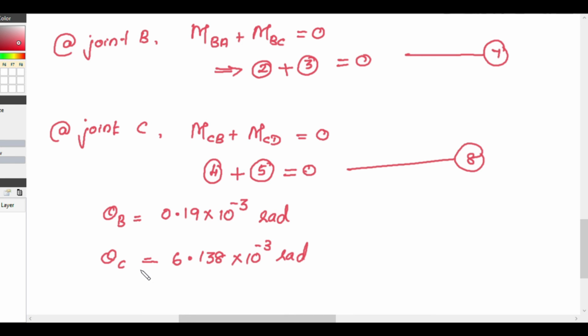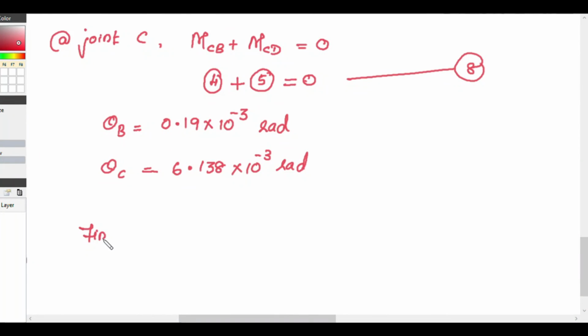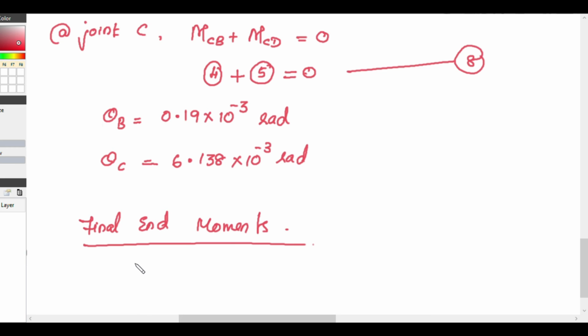Substituting these values, we get the final end moments.